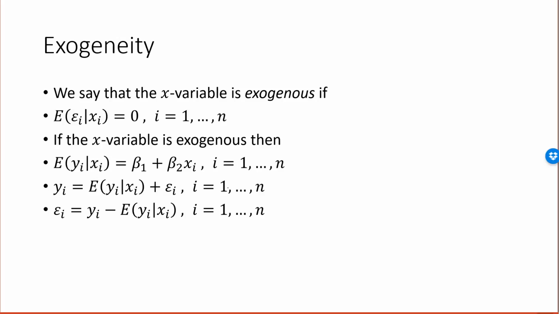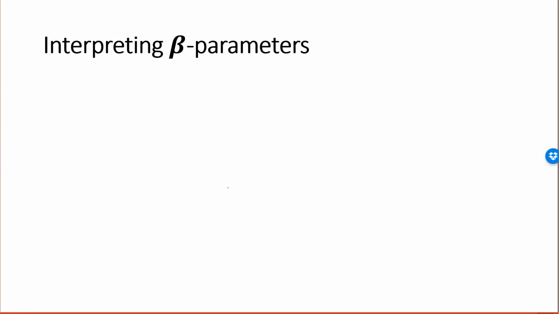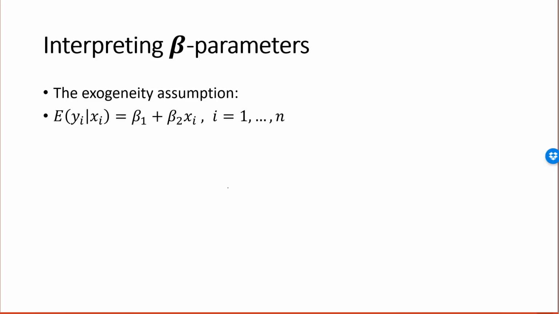The exogeneity assumption also allows us to really fully interpret the beta parameters. But first, let's just note the following. When we make the exogeneity assumption, when we say that the expected value of yi given xi is this linear function, then we say that this holds true for our sample. So the expected value of y1 conditional on x1 is beta 1 plus beta 2 x1 and so on.